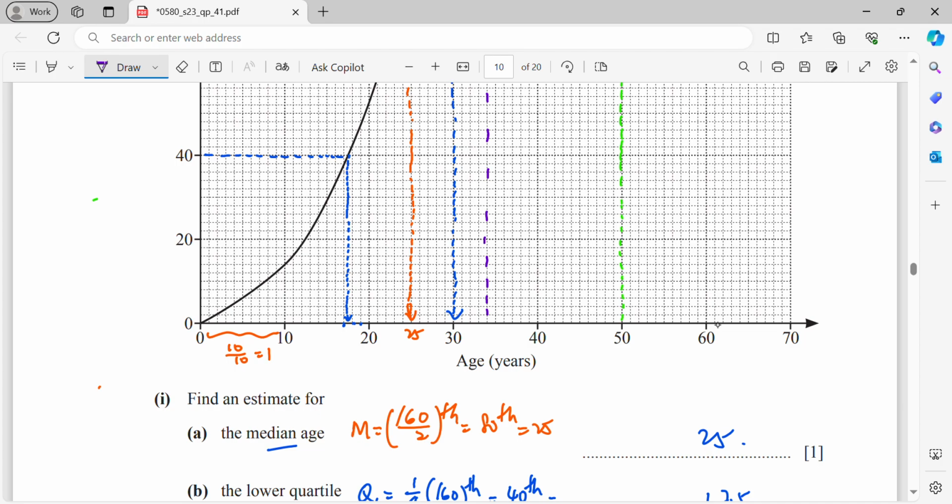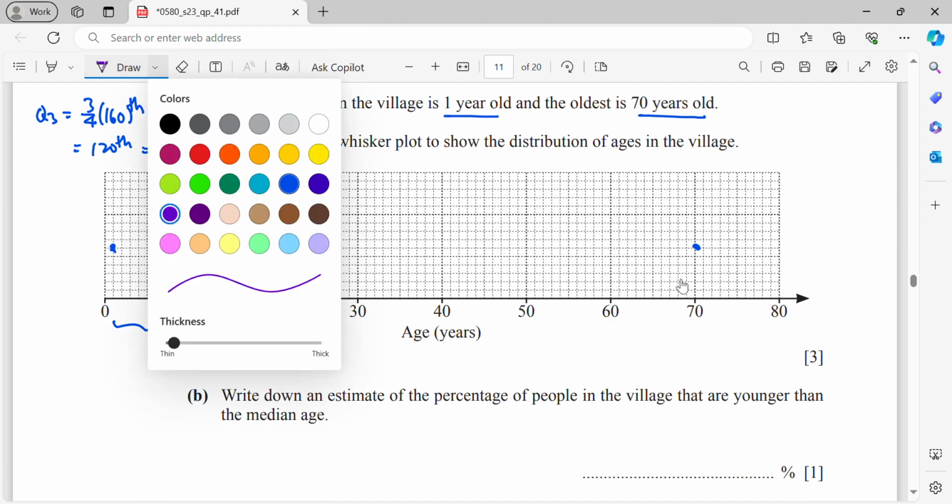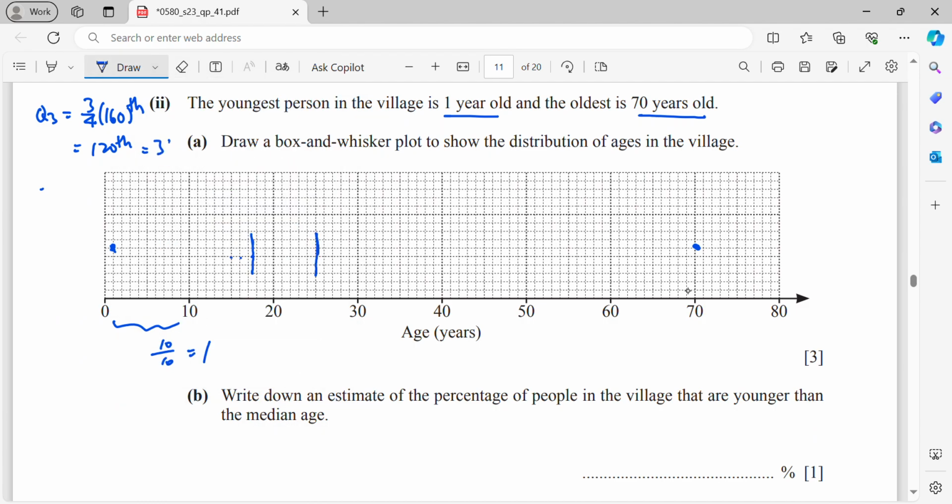So this is going to be 34. This is my Q3. So I know that it is 34. So now 34 is here.